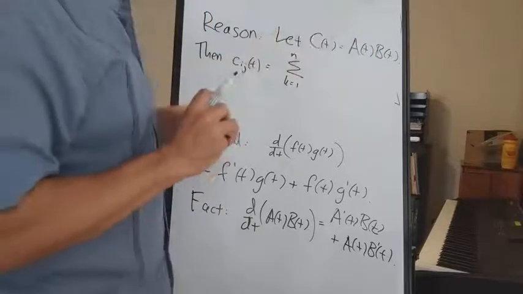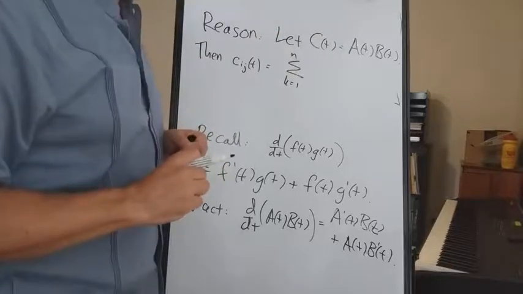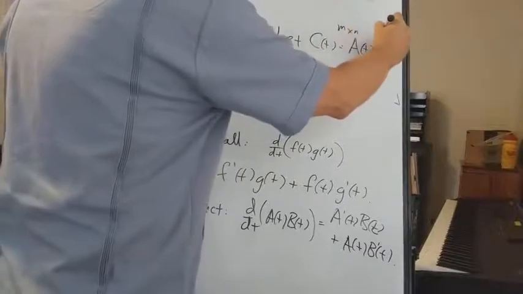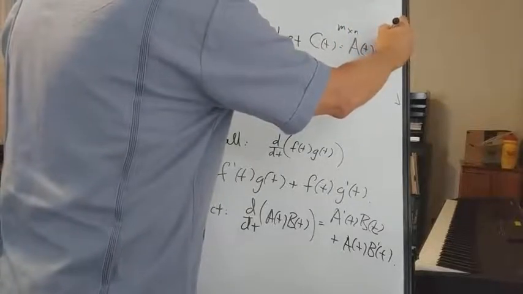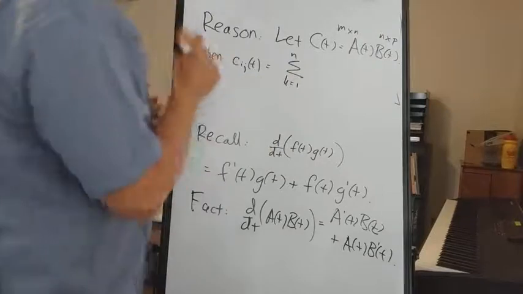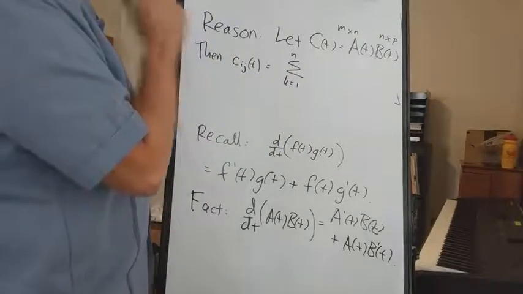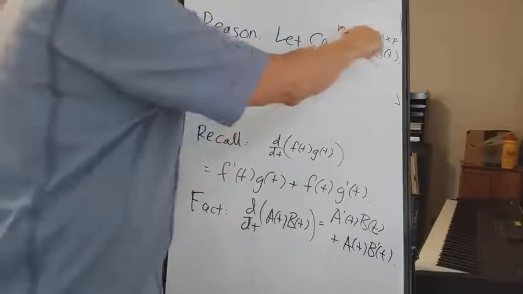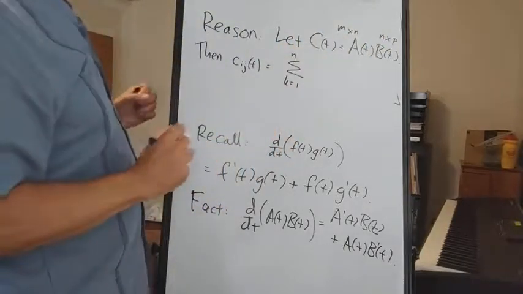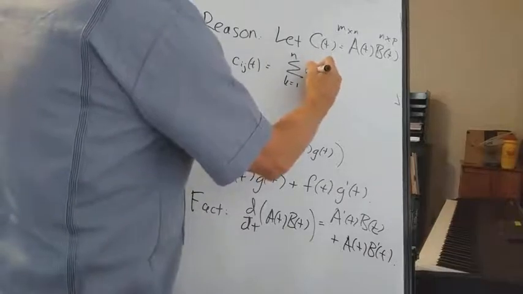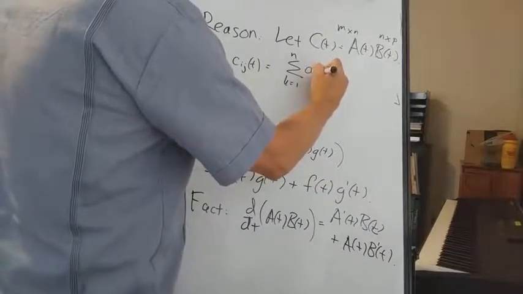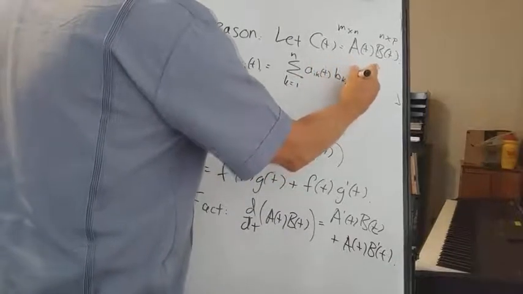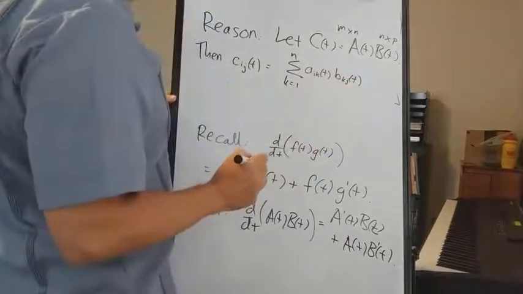We can multiply two matrices without having them be the same dimensions. Let's let A be m by n and B of t be n by p. So I'm still going to take, when I multiply them, the sum as k goes from 1 to n, because that's the common index between them. So we'll have a_ik, which is a function of t, times b_kj, which is a function of t.